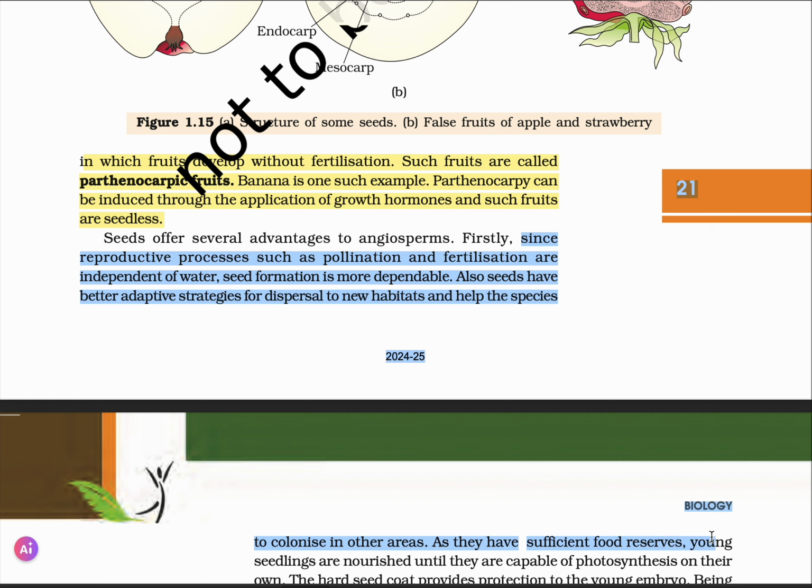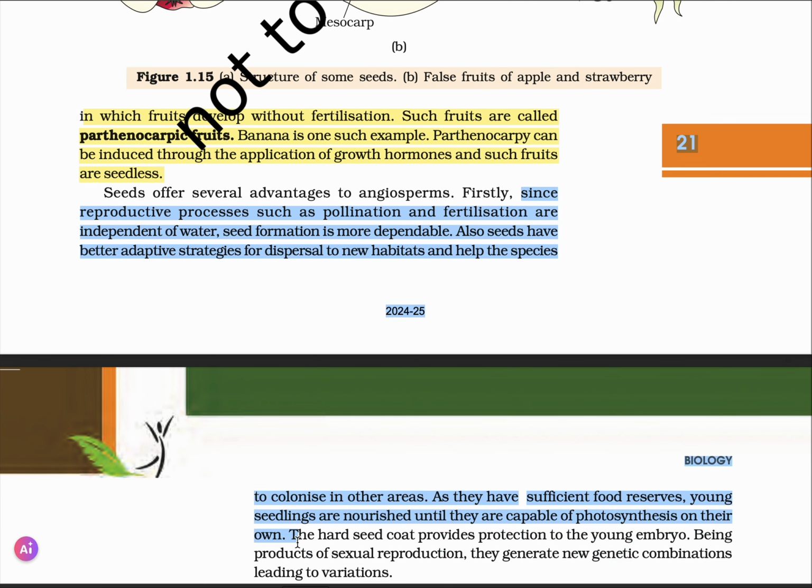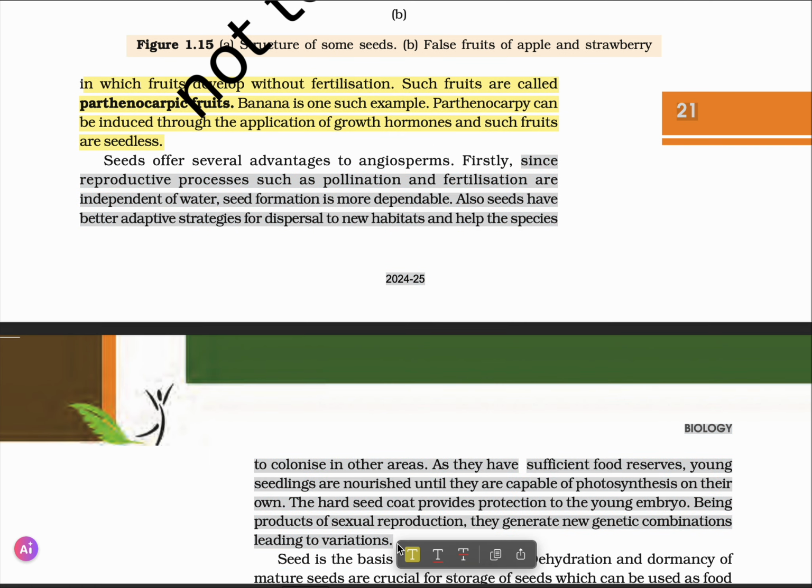Also, they have sufficient food reserves, and young seedlings are nourished until they are capable of photosynthesis on their own. The hard seed coat protects the young embryo, and after sexual reproduction they could form new genetic combinations leading to variations as well.